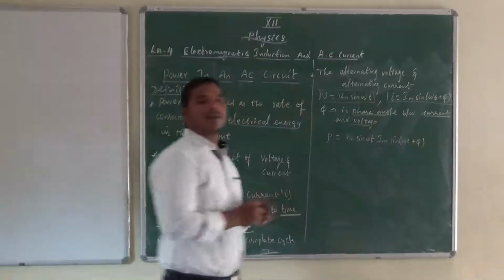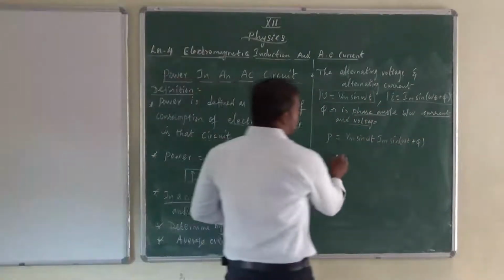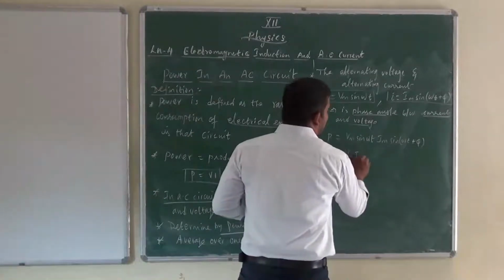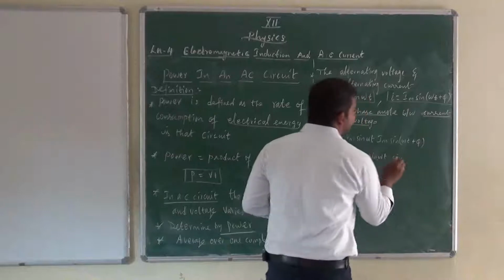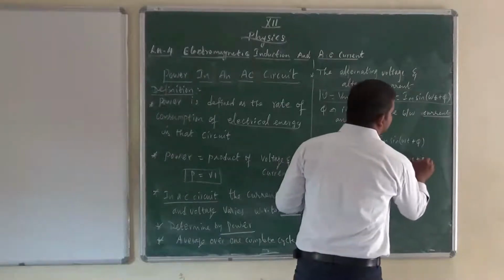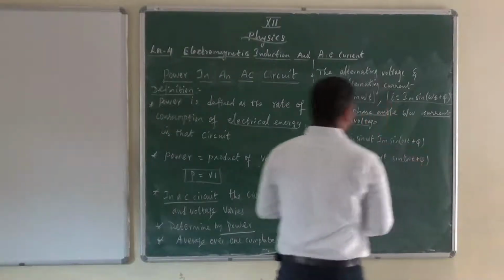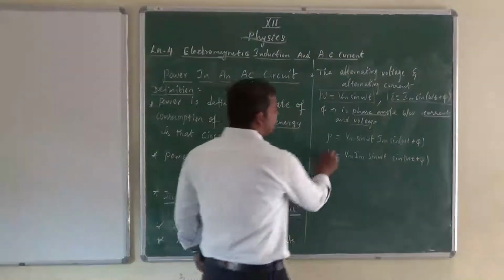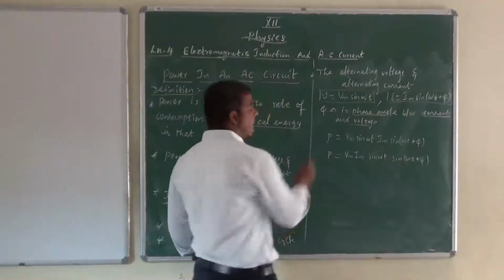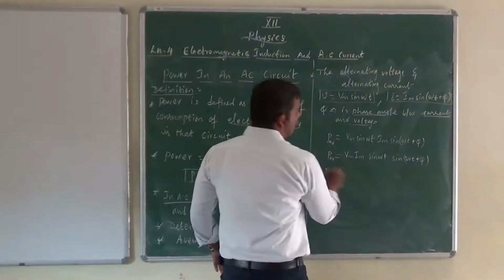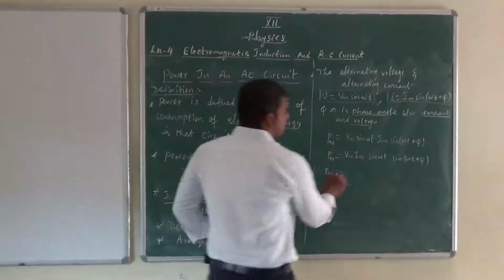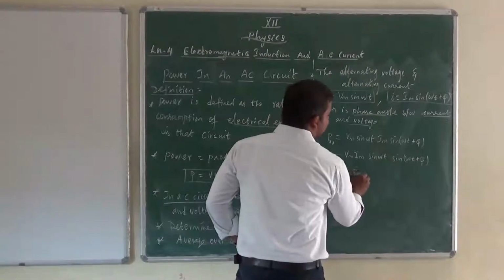Using a trigonometric formula, Vm Im sin omega t into sin(omega t plus phi). Using the trigonometric formula again, we get the average power. P_AV means average power in an AC circuit, Vm Im.